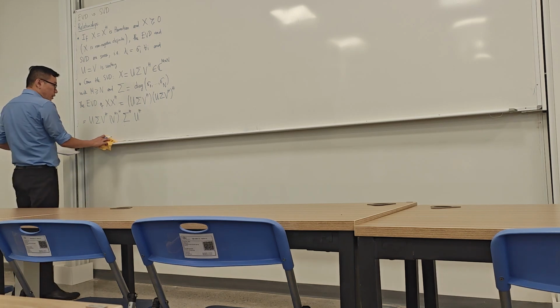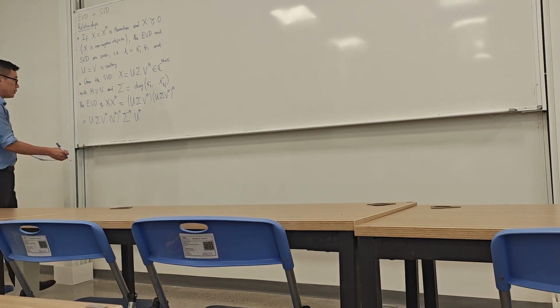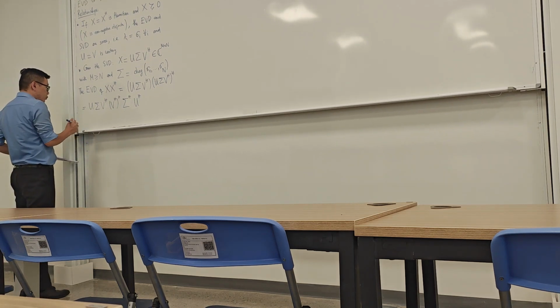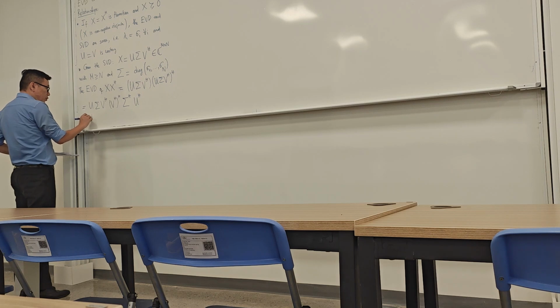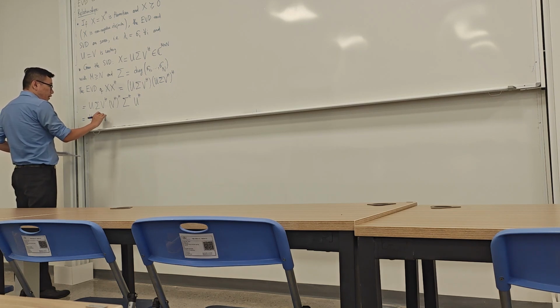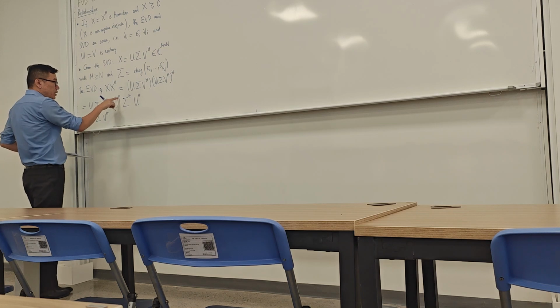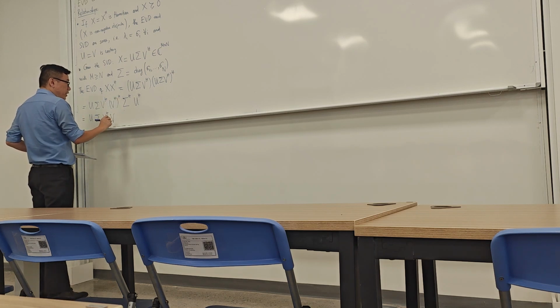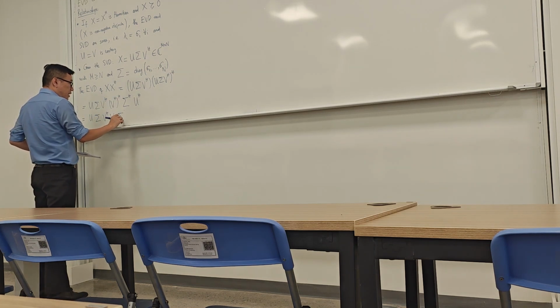And then you see this one. What is it here? This is U sigma V Hermitian, then V, and then sigma Hermitian and U Hermitian.